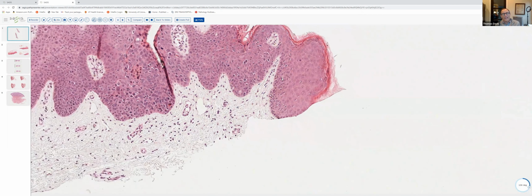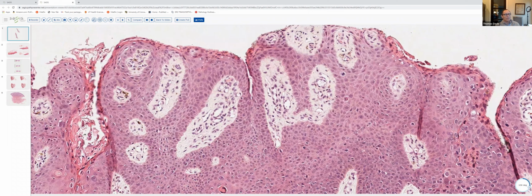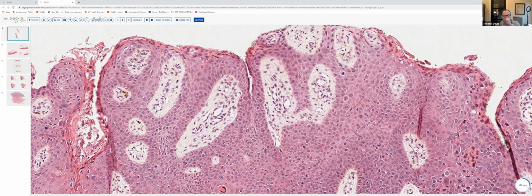But if we look at the epidermal keratinocytes in the central portion of this lesion, we can see that there in most areas is full thickness atypia of the keratinocytes with disordered maturation extending from the basal layer all the way up to the stratum corneum. And you can see we even have some hyperchromatic nuclei in the stratum corneum.